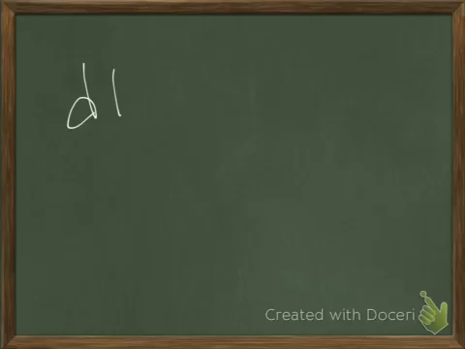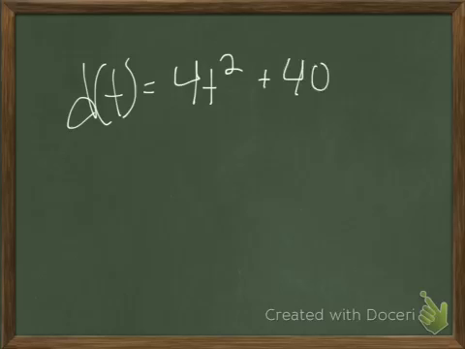So we have distance of t equals the antiderivative of 8t plus 40, which is 4t squared plus 40t. Now in order to find the distance that this went before it changed directions, we want to plug in the time that it took to the equation before it changed direction.